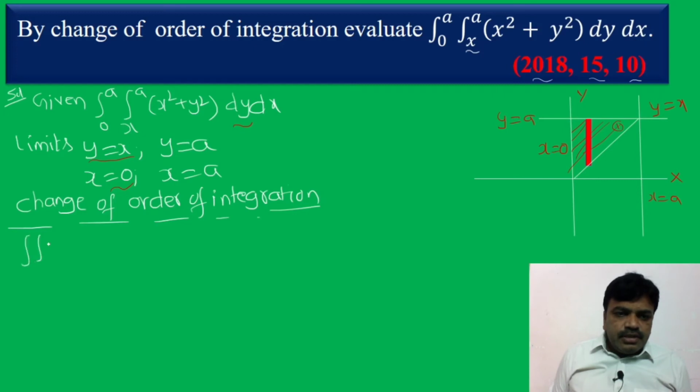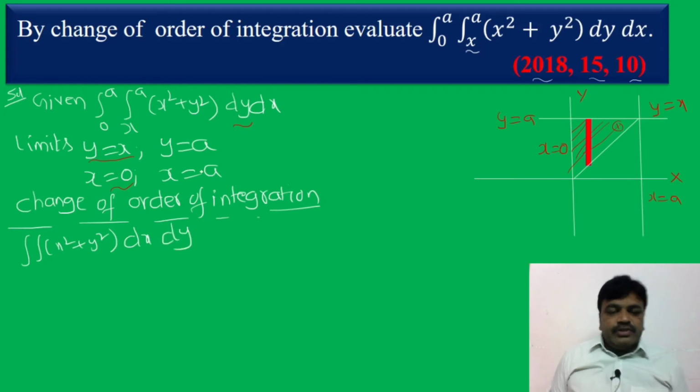Double integral x square plus y square. Now you write dx dy, friends. Okay, dx dy. First you write dx and then dy, because previously we have dy. So that you write here dx dy. Okay, now first I want to find dx, friends. Again see geometrically. Now previously we drew vertical strips. Now this time you draw a horizontal strip, friends.